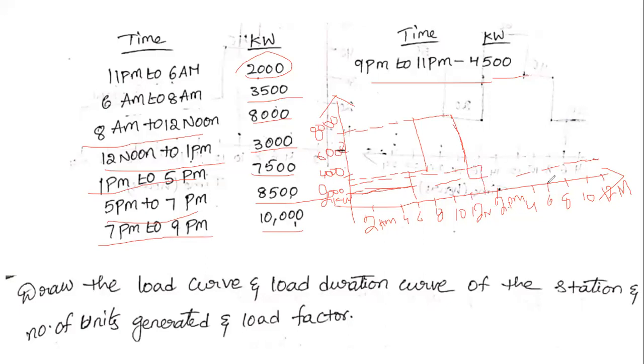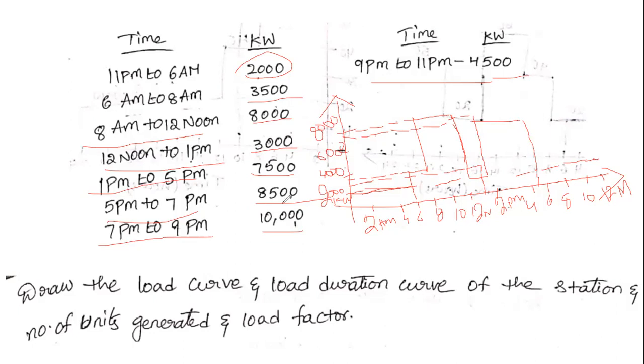Next, 1 to 5 p.m. is 7500. This is the 5, and up to 5 the load is 7500.